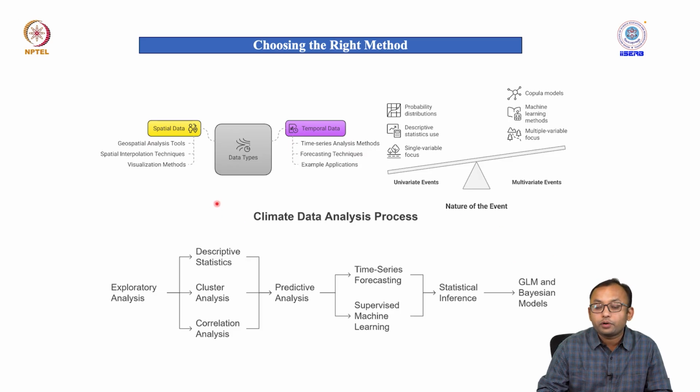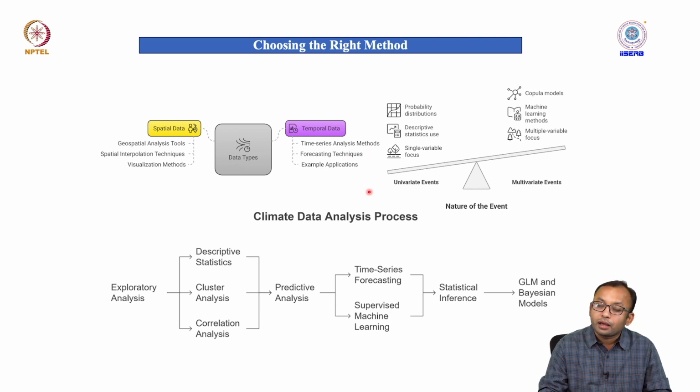If you are talking about spatial and temporal analysis, then for spatial analysis we use geospatial analysis, spatial interpolation or visualization methods, and for temporal analysis we are primarily looking at time series methods, forecasting and extreme event evaluations.